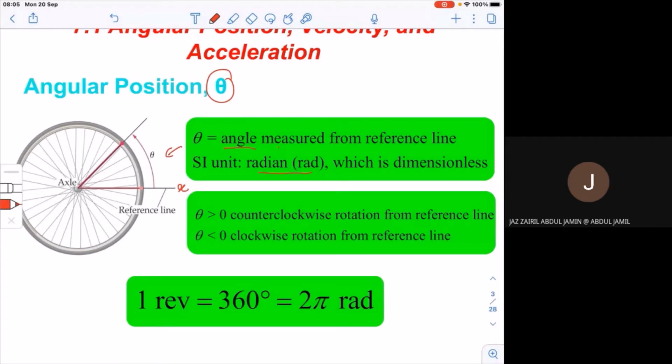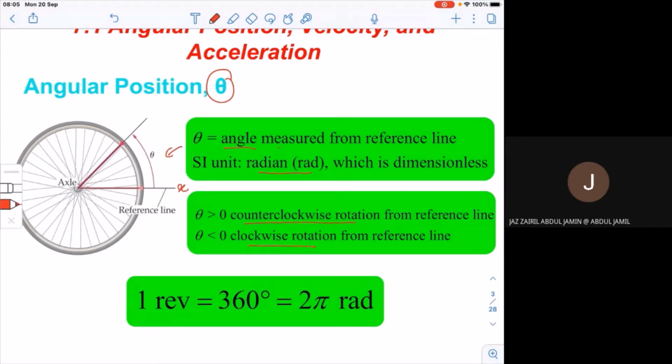Of course, when theta is greater than 0, when theta is a positive value, it means counterclockwise rotation. While if theta is negative, that means it rotates clockwise.